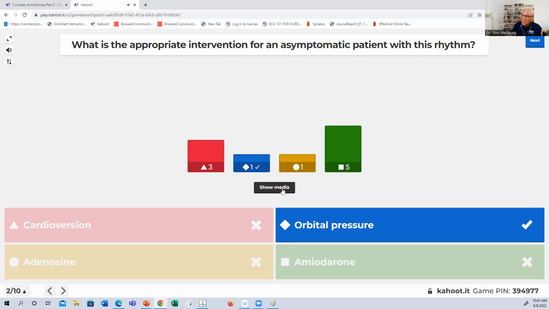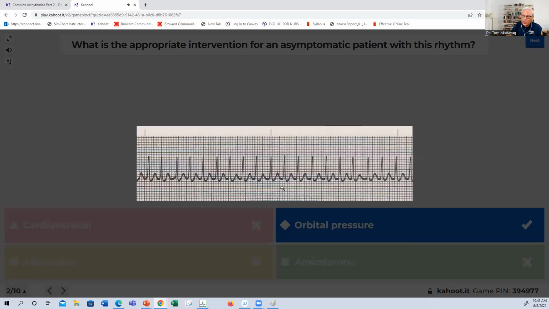Okay, so let's see. There's a wide variability in your responses. We have a rhythm that is fast, and the QRS complexes are narrow. So this is what's known as a supraventricular tachycardia, or SVT, also known as PAT, or paroxysmal atrial tachycardia.